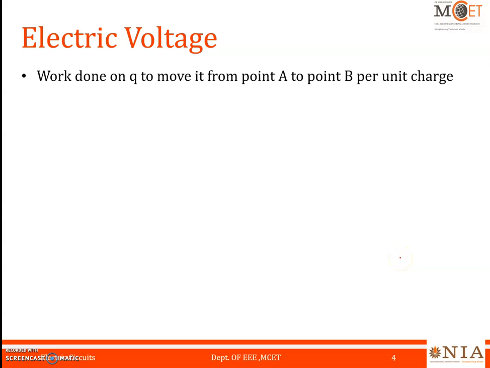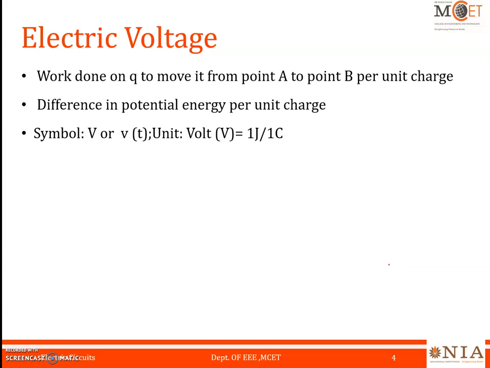Next one, electric voltage. You have to do some energy or some work if you want to move a charge from point A to B. So the work done on moving a charge from point A to B is called voltage.